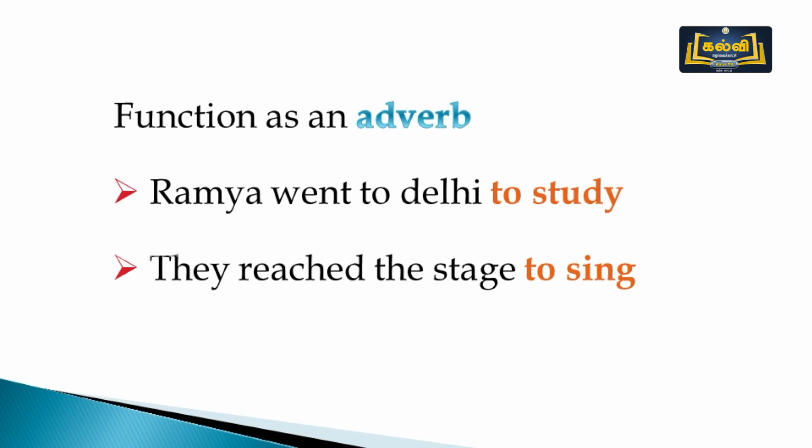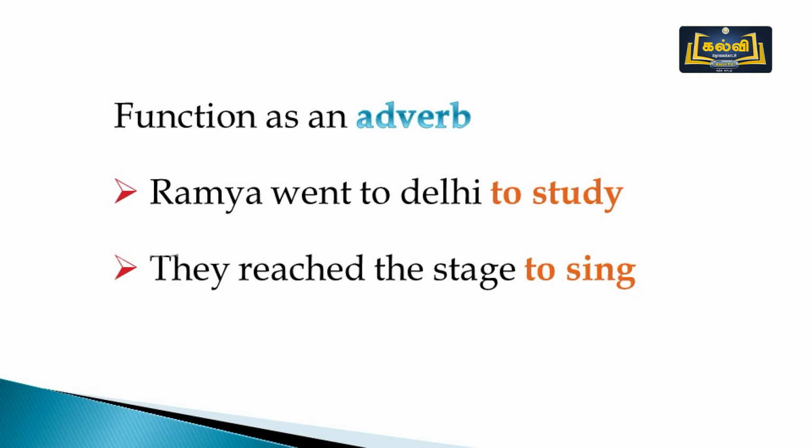The same with the next sentence. They reached the stage to sing. Why did they reach the stage? They reached the stage to sing, to perform. So, to sing, the non-finite verb, qualifies the verb reached.